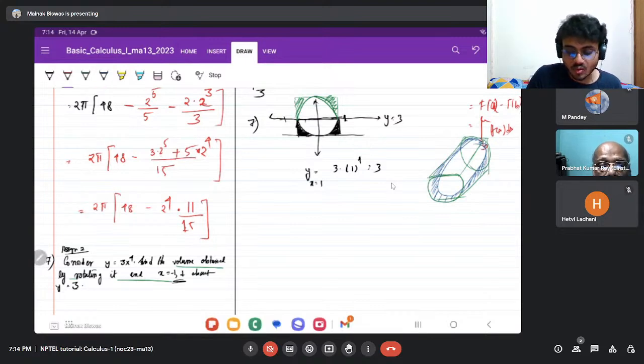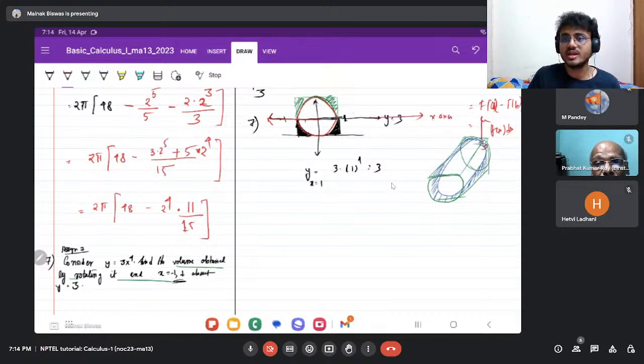See, so now what is the trick that you will be using? So you can reflect about y equal to 3 and try the question, but there is a very simpler way. Instead of rotating this about y equal to 3, can I rotate this about y equal to 3 and make this the x-axis?